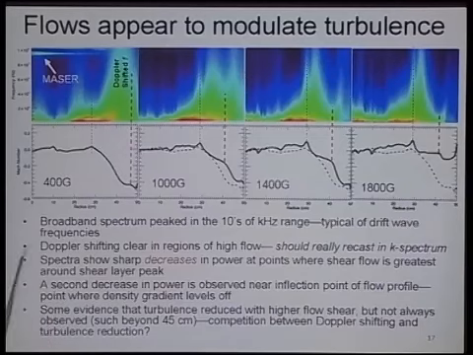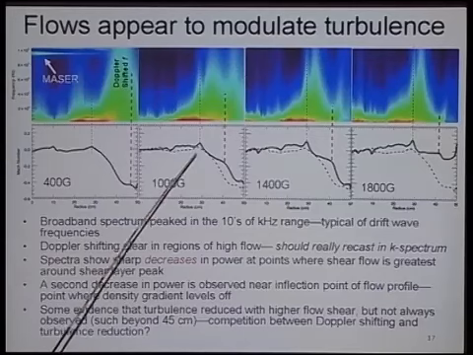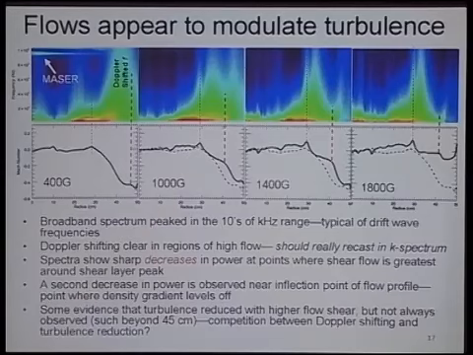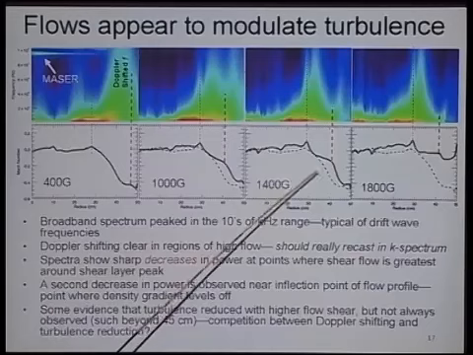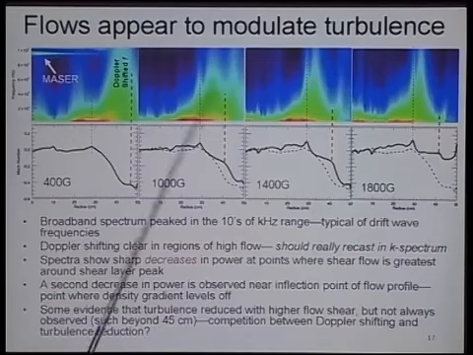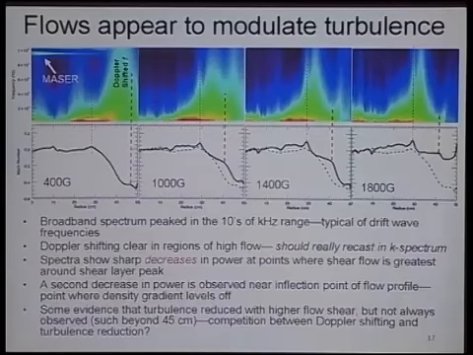In general, there is some evidence that turbulence is reduced with higher flow shear, especially in the cathode edge region. But it's not always observed, as you can see in other places where you would suggest that there's strong shear. You actually see an increase in fluctuation frequency and power.